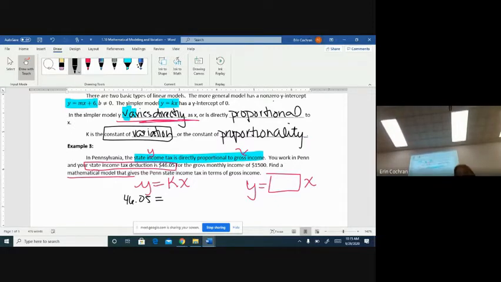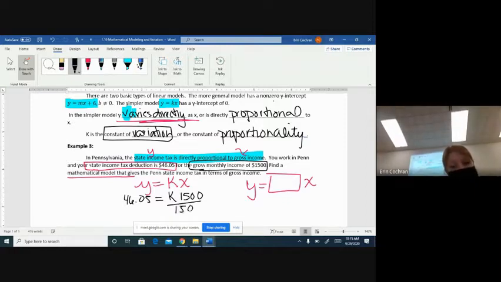My gross monthly income is $1,500, so that's plugged into my x. Do we know what k is? No. But now can we find our k to plug into our function? Yeah. And how would I find my k?